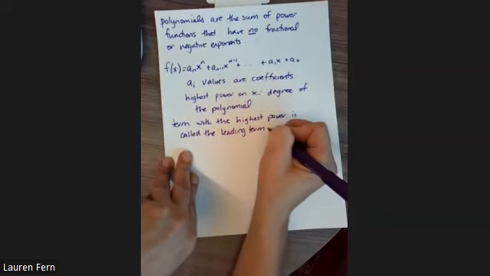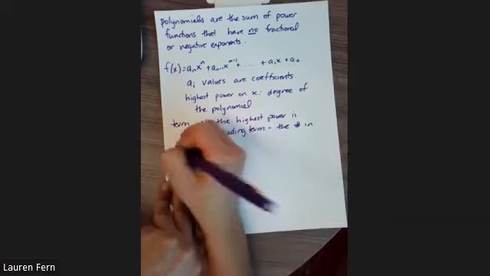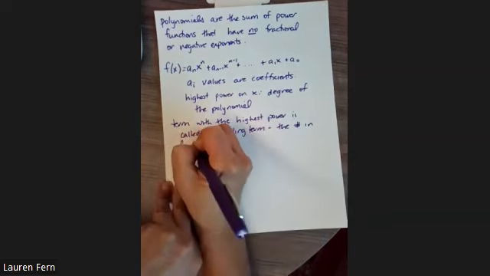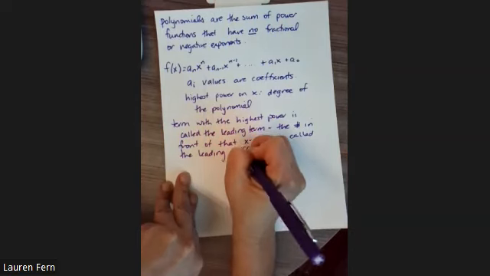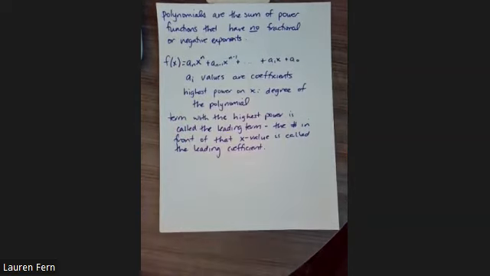And that a value, in other words, the number in front of that x value, is called the leading coefficient. These are not terms you need to memorize, but you need to be aware of them because they come up so frequently.